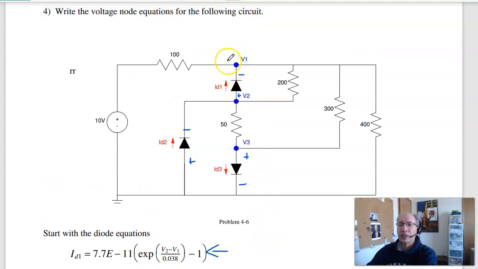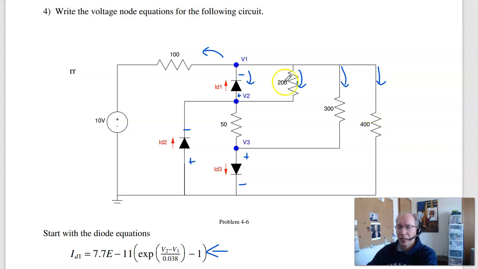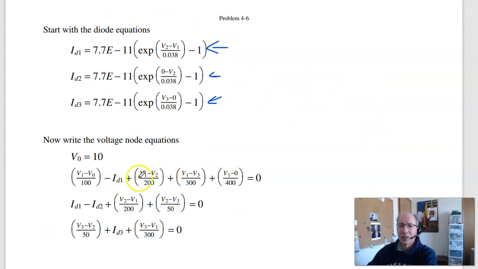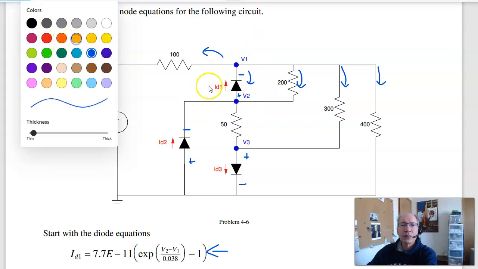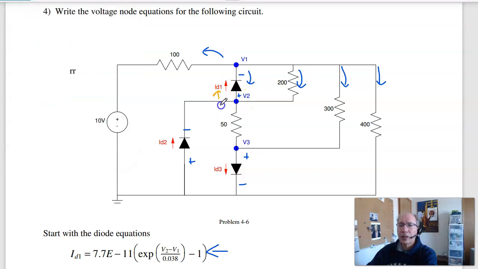Now write the node equation. At V1, the current left, which is V1 minus 10 over 100, plus the current down, minus ID1, plus this current, V1 minus V2 over 200, plus this current, V1 minus V3 over 300, plus this current, V1 minus 0 over 400. All that has to add to 0. So there's the next equation. At node 2, the current up, current left, current right, current down equals 0.